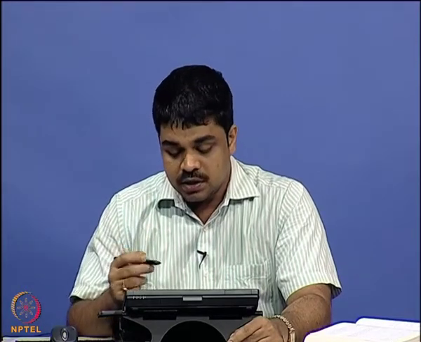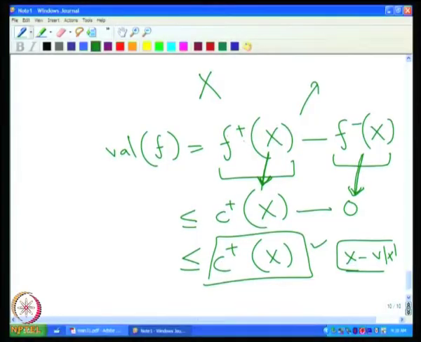Otherwise, if even one arc is not saturated, the sum will not become equal to C plus of X.